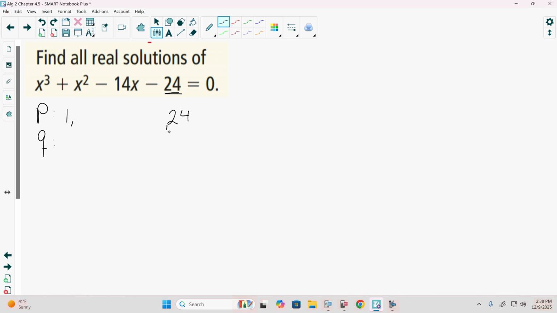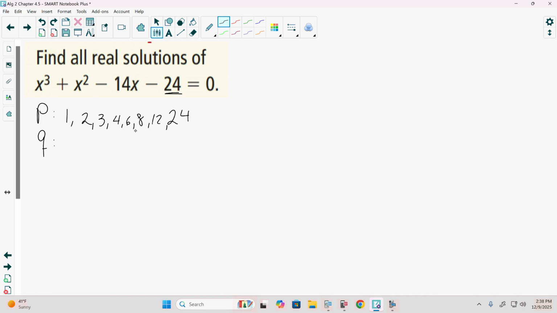It's going to take care of any sign issues that we might have. Now, 24, we have 1 and 24. We also have 2 and 12. 3 and 8. 4 and 6. So there's a good number of factors for 24. 1 and 24, so 1, 2, 3, 4, 6, 8, 12, 24.